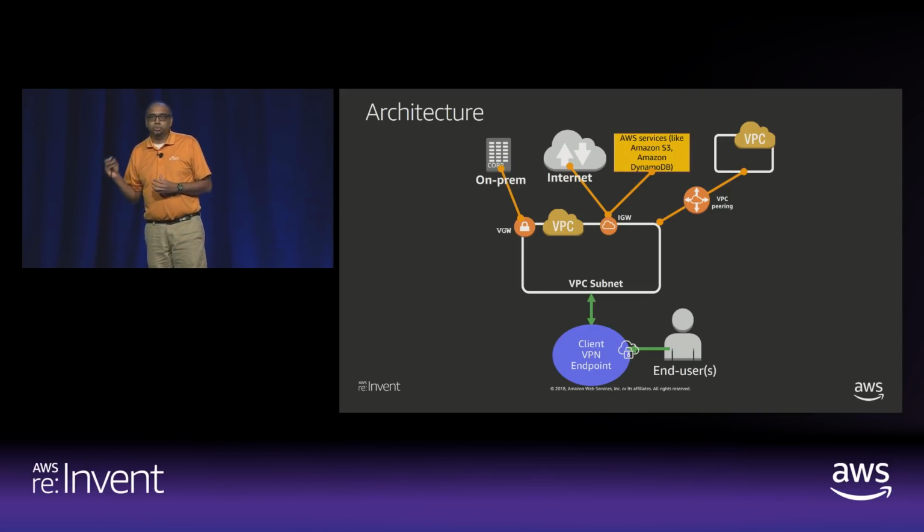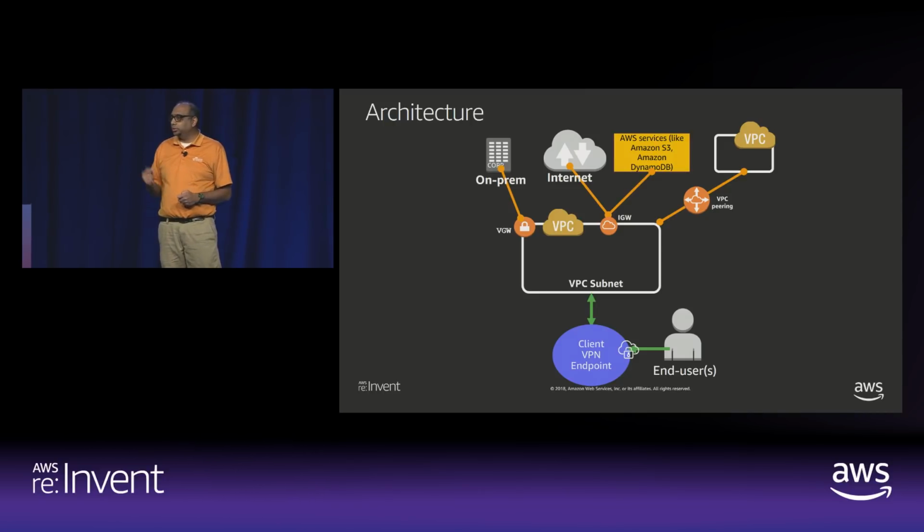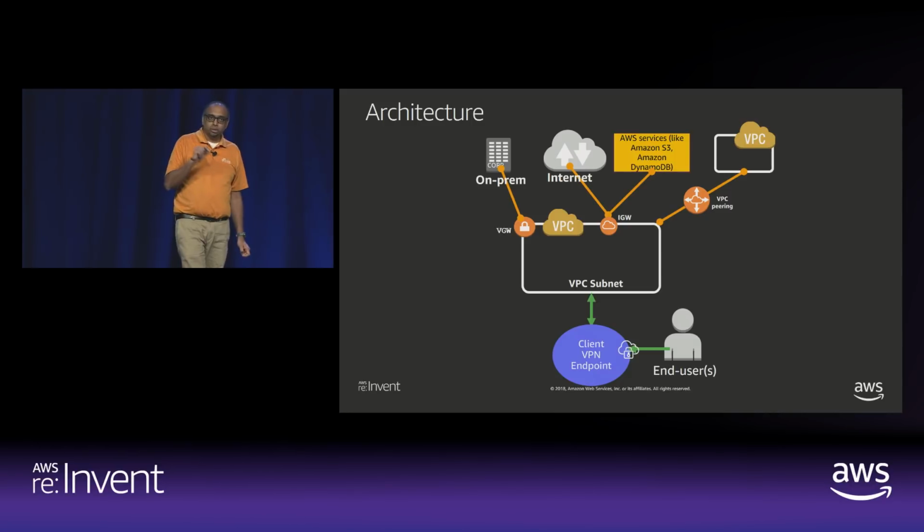The second concept is a target network or your network. At launch, your target network is basically a subnet in a VPC. And what you're going to be doing is you're going to associate a subnet from a VPC to the client VPN endpoint. You can associate multiple subnets to a client VPN endpoint.